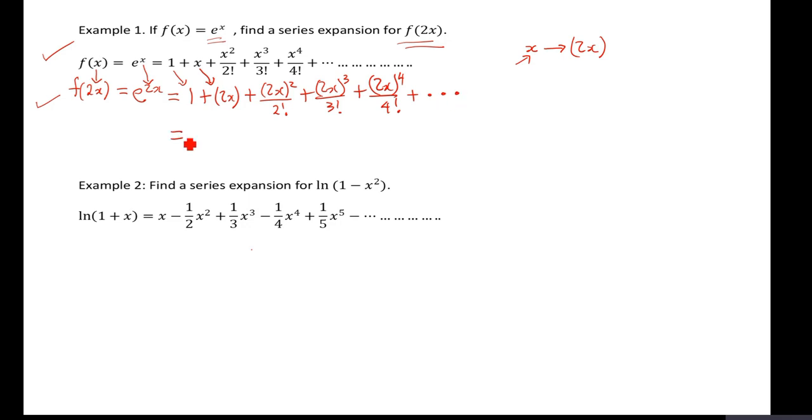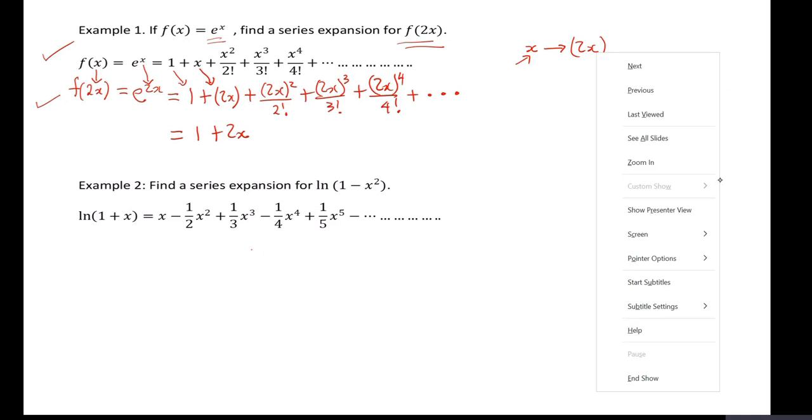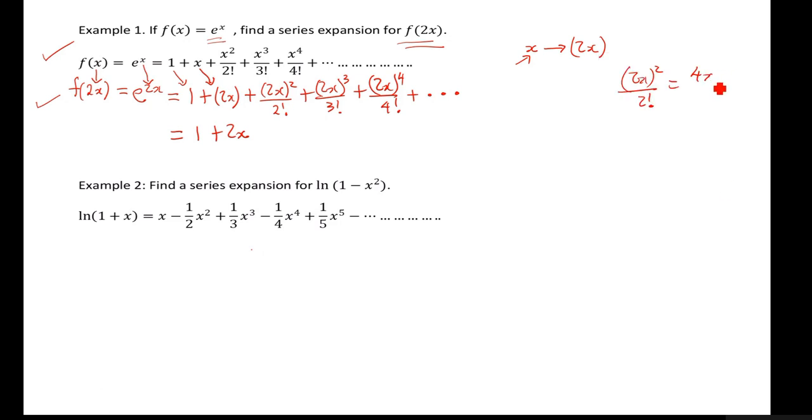And now all I have to do is simplify that. So I'll get 1 plus 2x. Now I would like you to simplify each of these terms. So 2x all squared over 2 factorial gives you 4x squared over 2 times 1, which is 2.